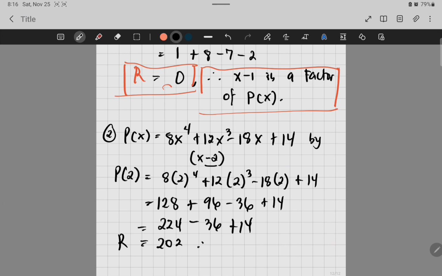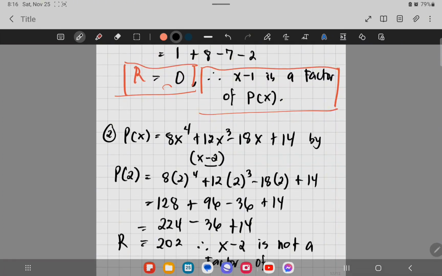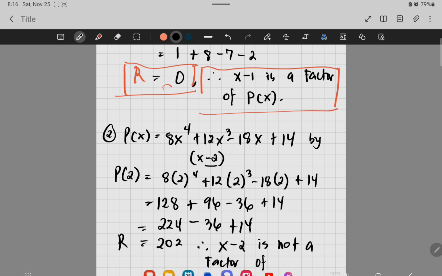And we can say that x minus 2 is not a factor of the given polynomial. Okay, so that is our answer. The remainder is equal to 202.